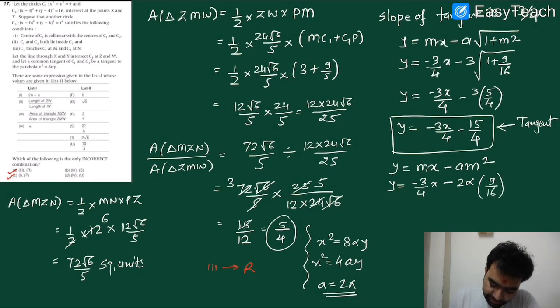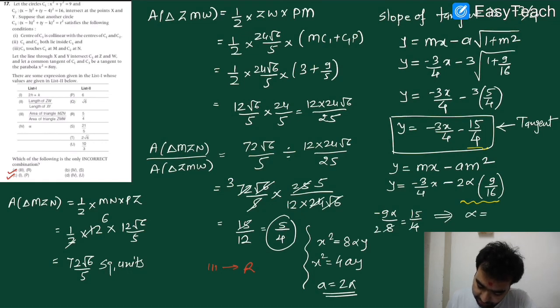Now I will compare this part and this part. So I can say that minus 9 alpha by 8 is equal to minus 15 by 4, correct? So it implies that alpha will be 30 by 9, that is 10 by 3. So the value of alpha is 10 by 3.